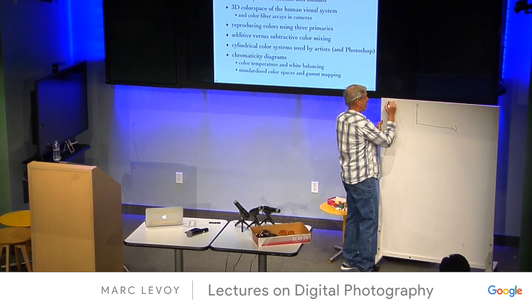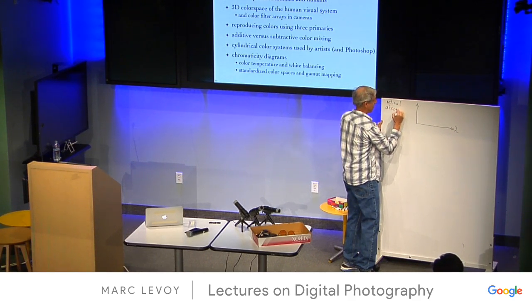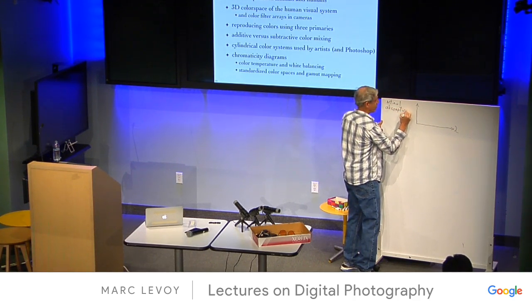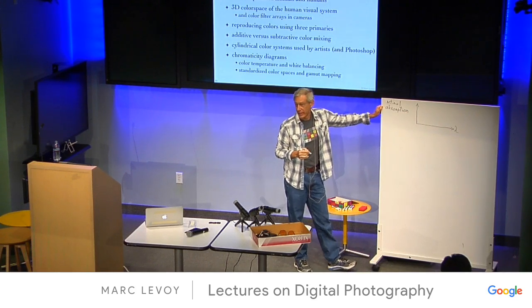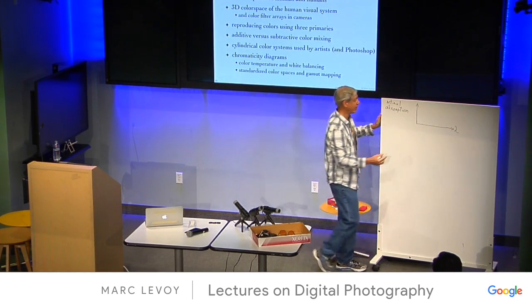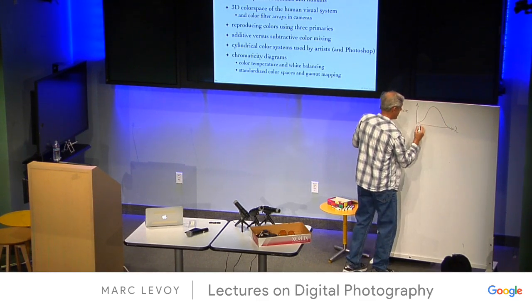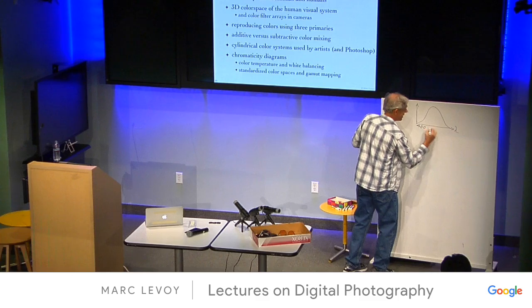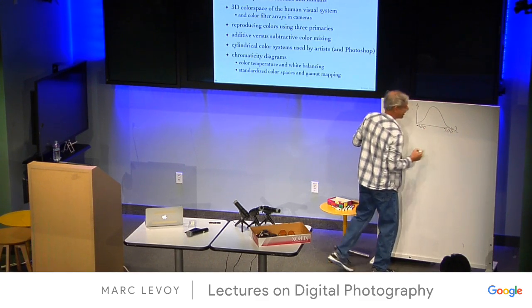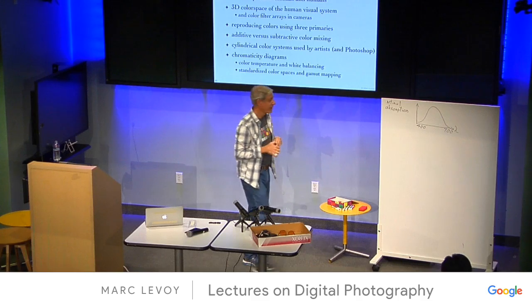We could call this retinal absorption if we like. So that we make sure that we understand it's very early in the visual system, just the absorption of light by pigments in the retina. And this is not necessarily what a horseshoe crab looks like, but it's probably not too far away. So those are in nanometers.